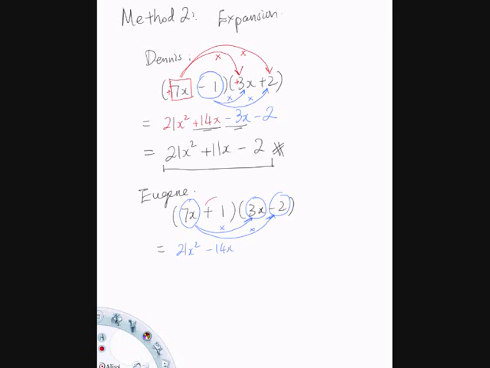Next, positive 1 multiplied by 3x gives positive 3x. Positive 1 multiplied by minus 2 gives minus 2. So the answer will be 21x squared minus 11x minus 2. Comparing these two expressions, we know that Eugene got the answer right and Dennis got it wrong. So Eugene has the right answer.